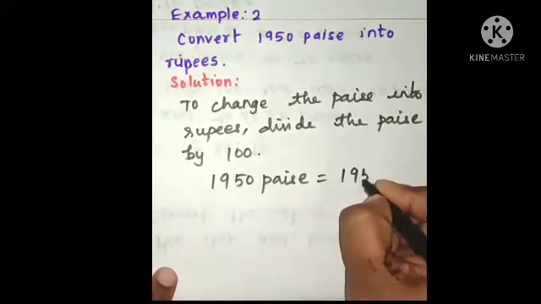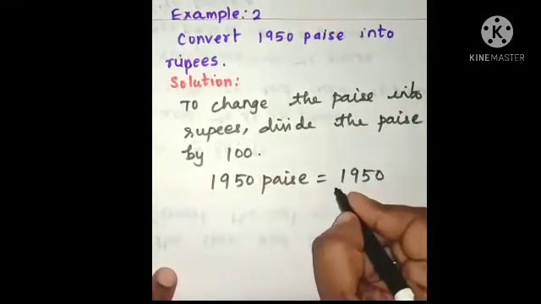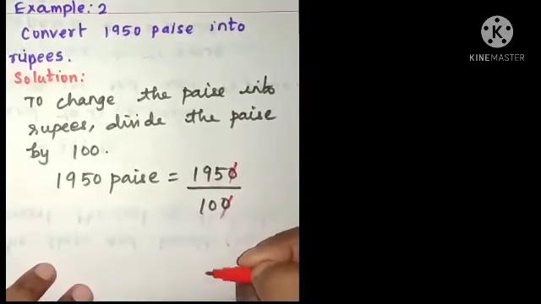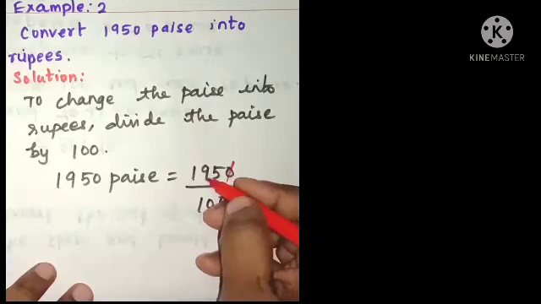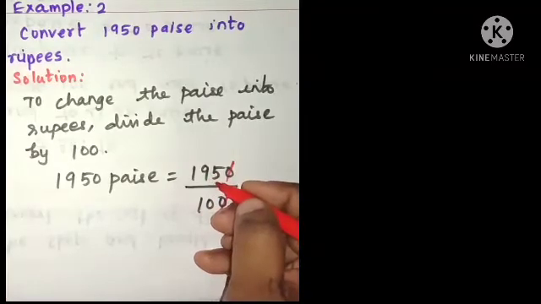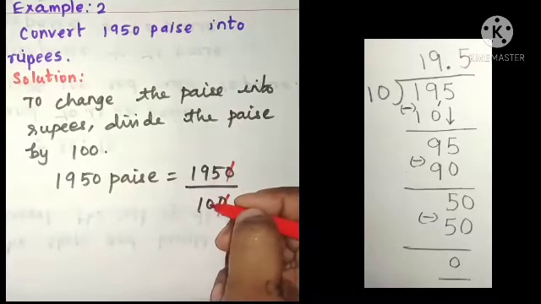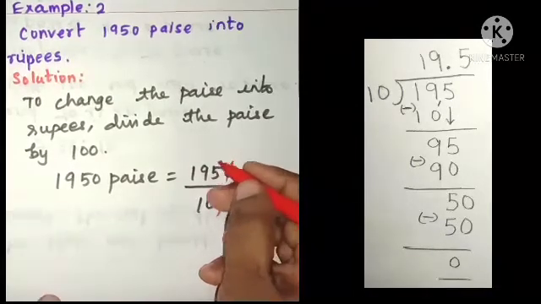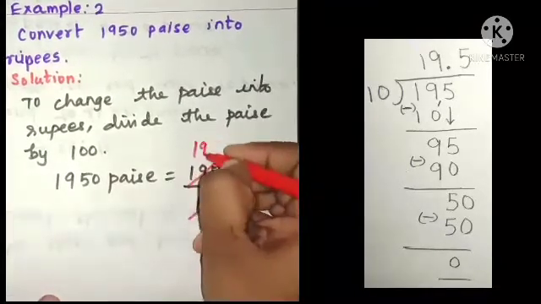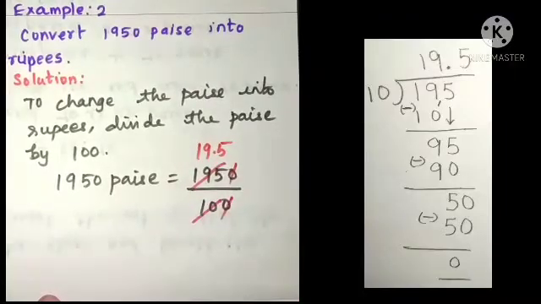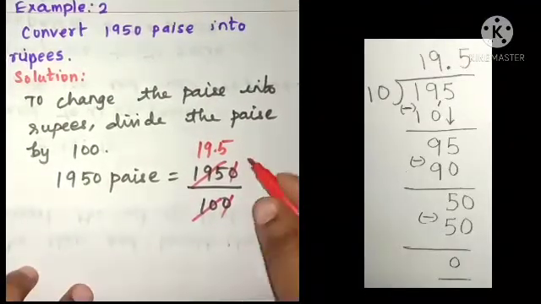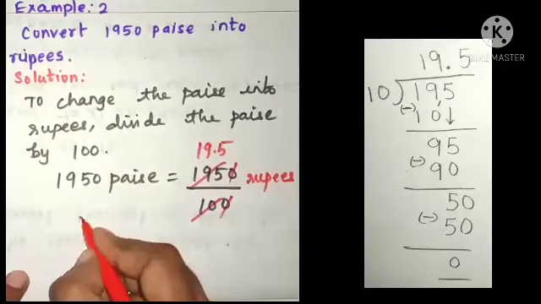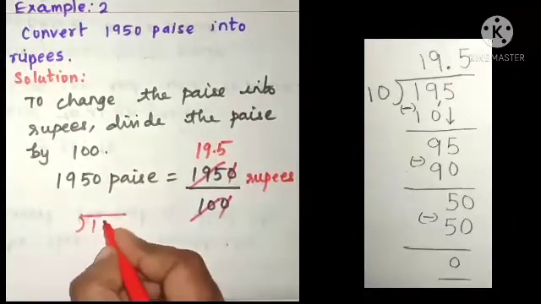We need to divide the value by 100. Cancel 0, 0. And when we divide 195 by 10, we get 19.5. It is in rupees.